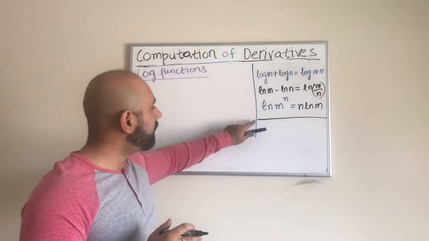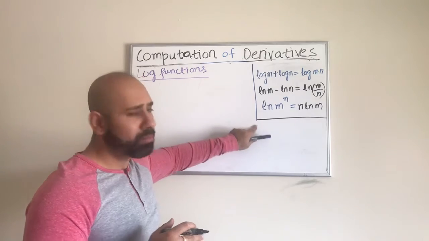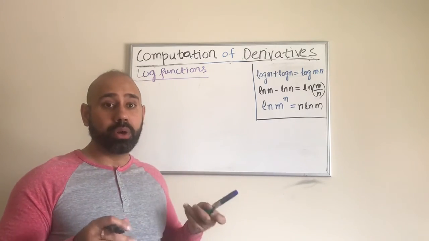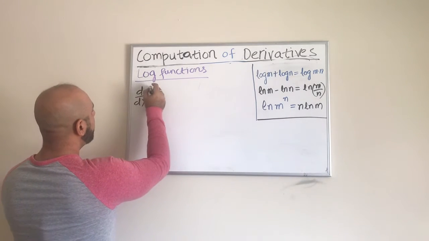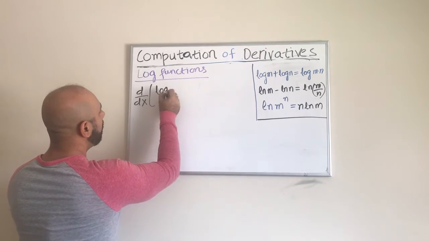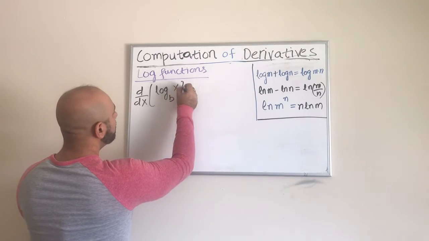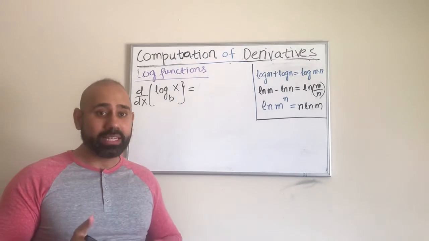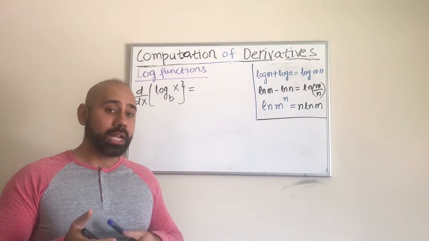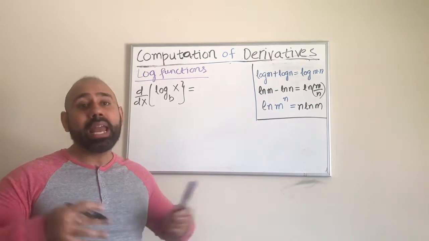Okay, so keeping those in mind, let us now write the general form for the derivative of the log functions. Let us first start with writing d over dx of a log function of the form log x to the base b. This b can be 10, it can be the natural base e, or any other number.